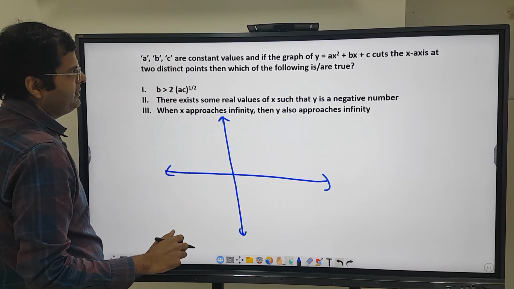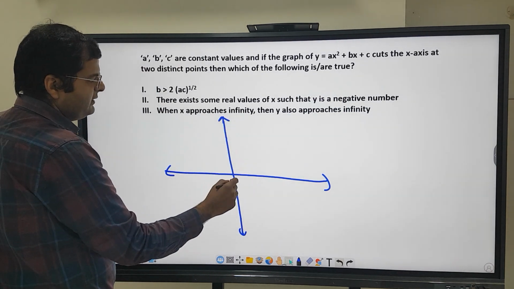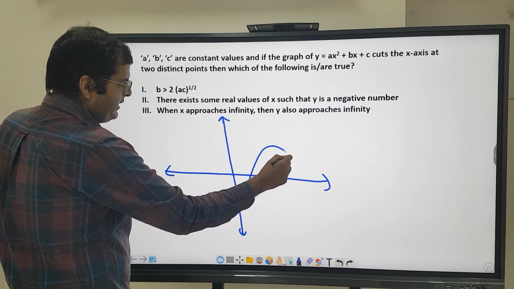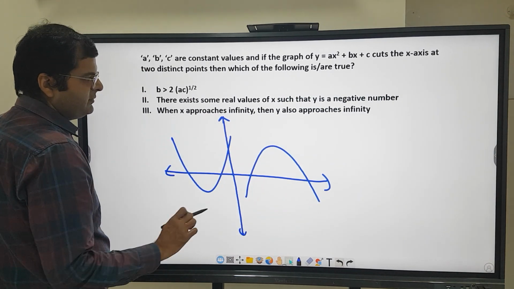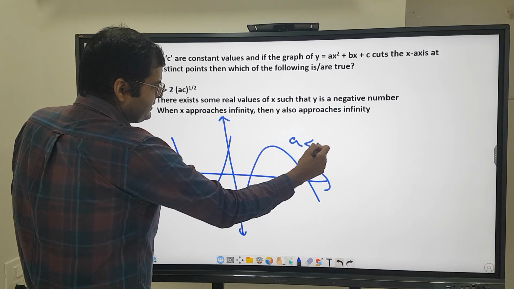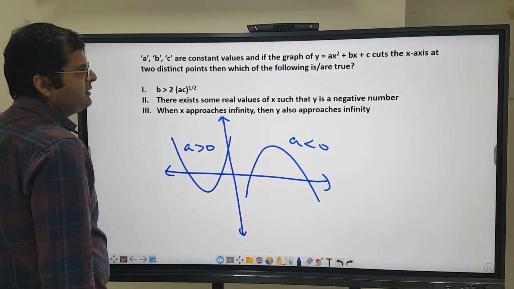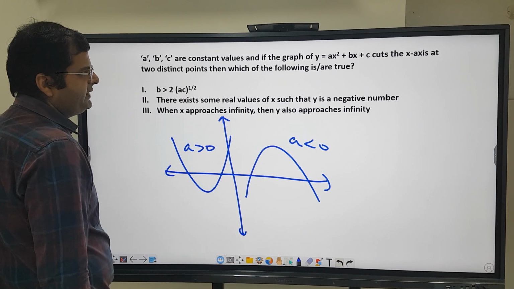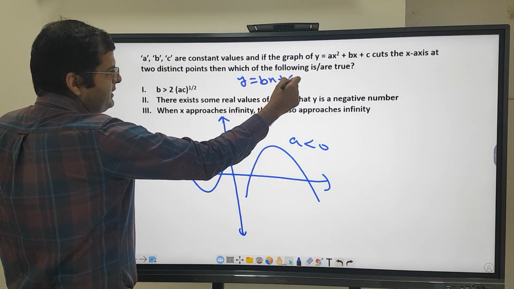There is a possibility. Over here the possibilities are that it can be a quadratic like this, or it can be a quadratic like this. In this case A is less than 0, in this case A is greater than 0. Also there is a possibility that if A is equal to 0, it becomes y is equal to bx plus c.